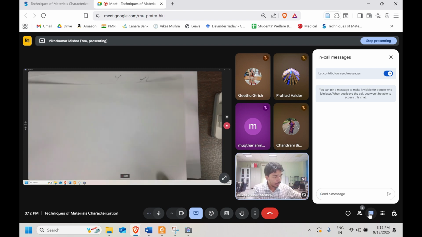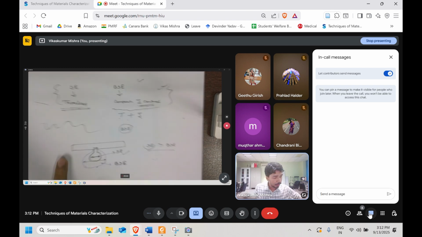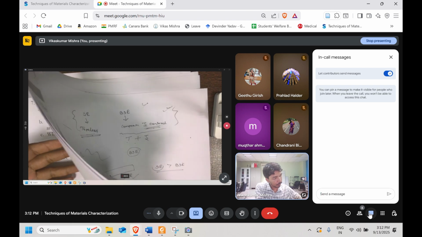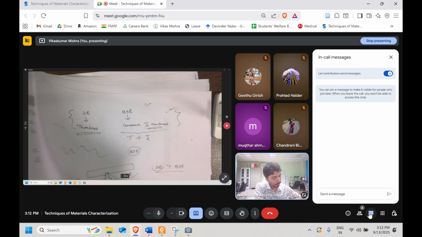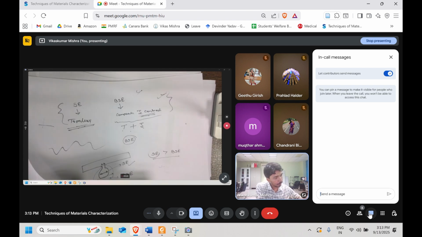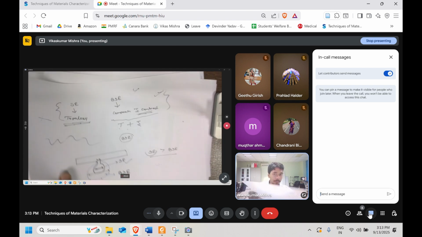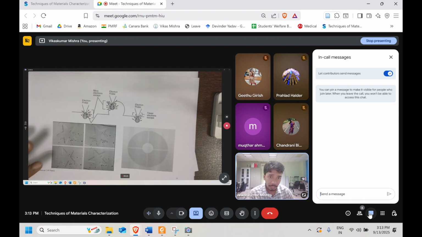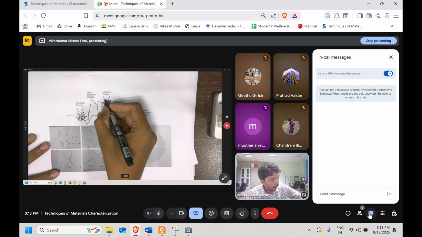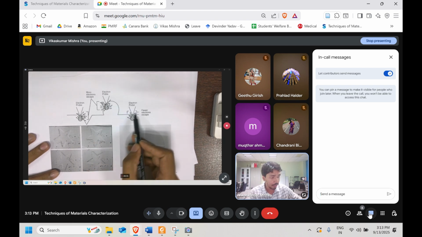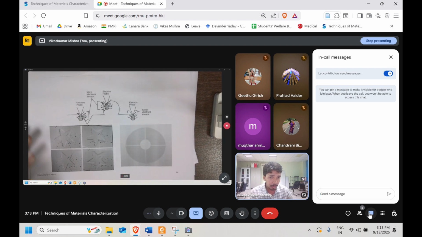So first of all, let's clear one thing. Whenever we are talking about the incident angle with the specimen, you can see that the angle is made different, and the way the signals are coming is different.